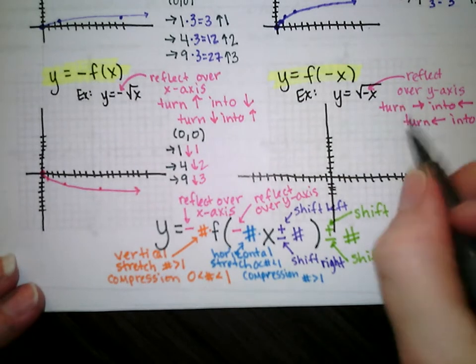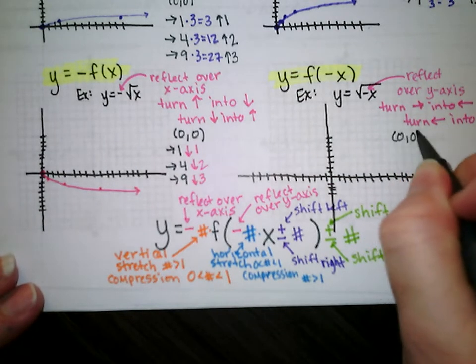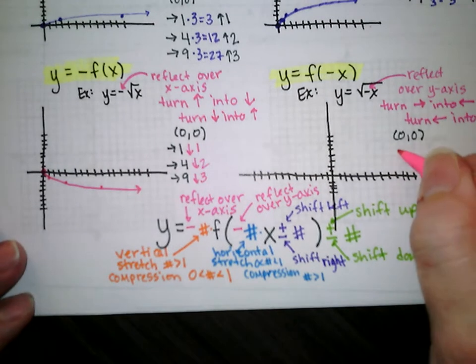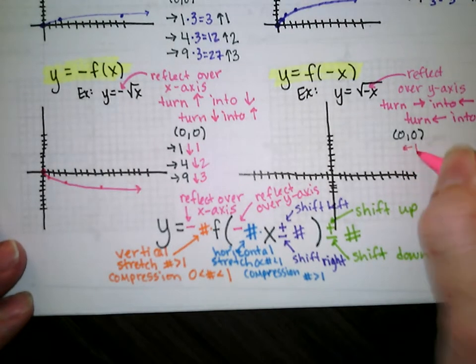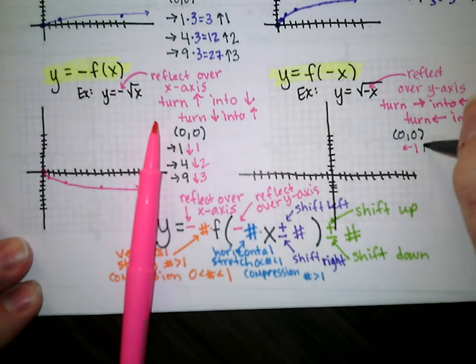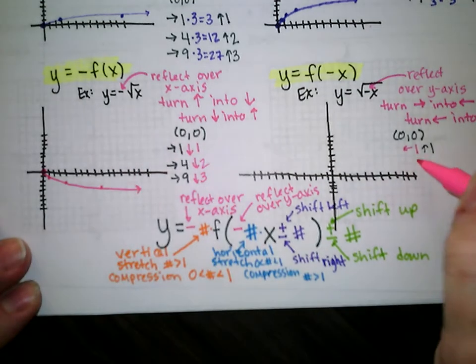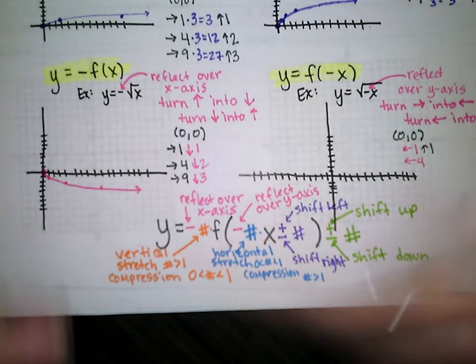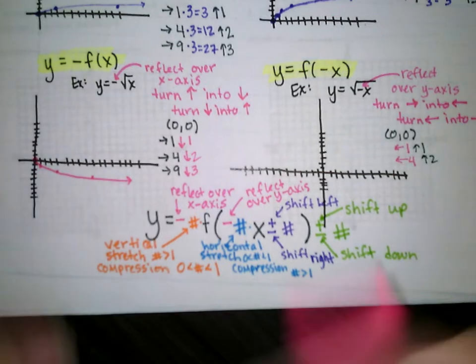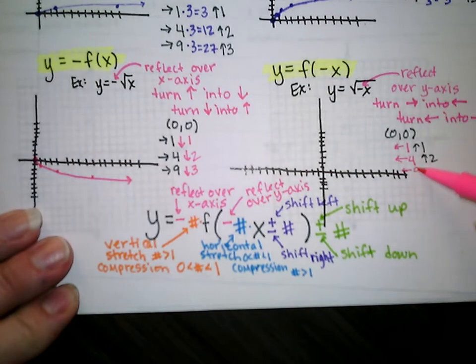And then when I reflect over the y-axis, I still start at 0, 0, but instead of going to the right 1, I go left 1 and still up 1, then left 4, up 2, and left 9, up 3.